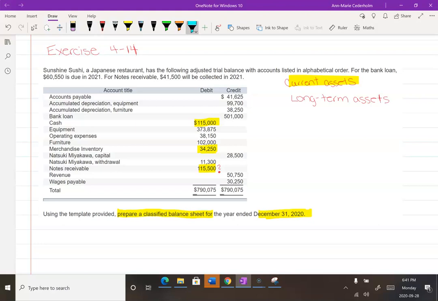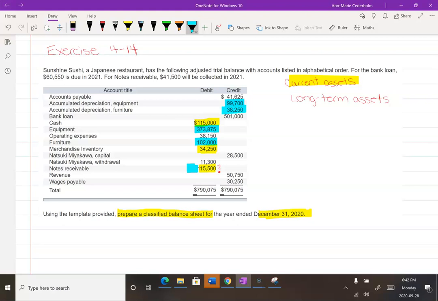So again, the only thing that I see on here as a long-term asset is part of this notes receivable. I think that could be long-term. I'll have to read more into that in the question. And then my equipment is a long-term asset. My furniture is a long-term asset, as well as my accumulated depreciation equipment and accumulated depreciation furniture. So those are my long-term assets.